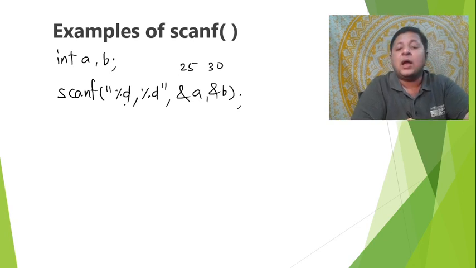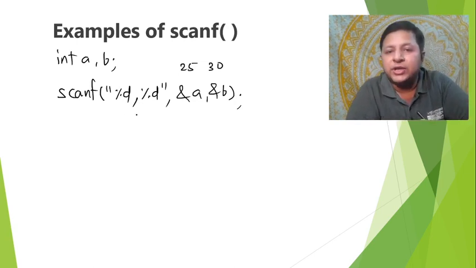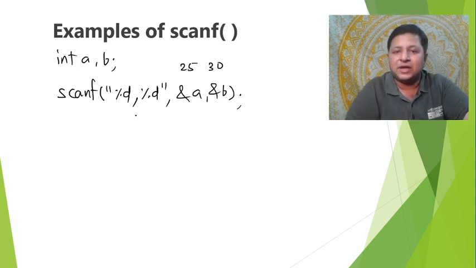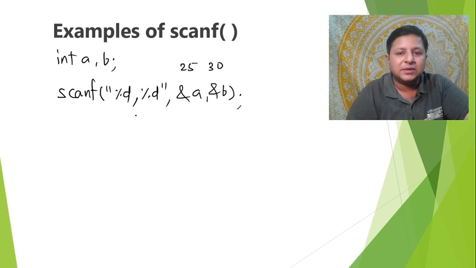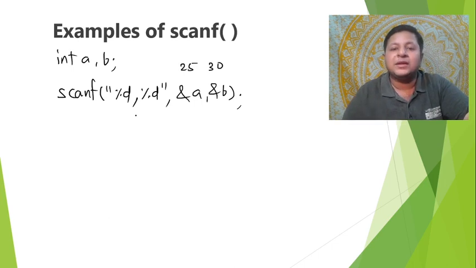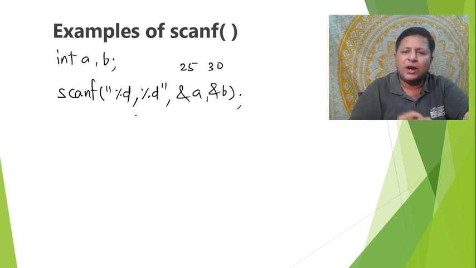Okay. Now, how do I solve this particular problem? It's a simple rule. Ideally, what should be there in the control string? It should be only format specifiers. The rule says, if you have any special character other than format specifier in the control string, then it must also repeat in the input. Wonderful, right?